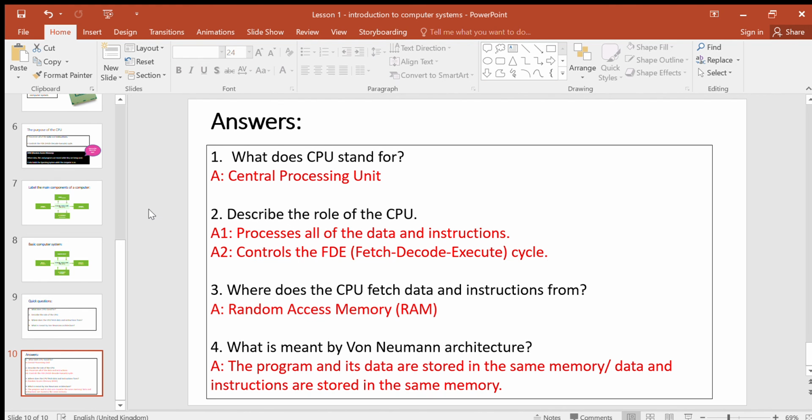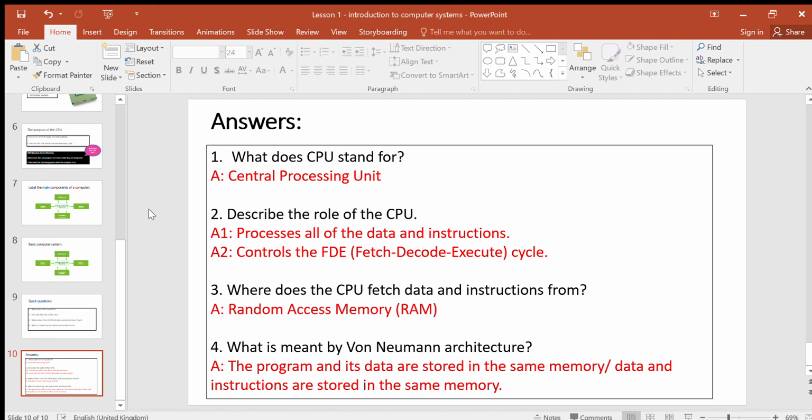And as we talked about at the start of the video, von Neumann architecture is where data and instructions are stored in the same memory location. Now, I've put 2 answers there with that slash in the middle because sometimes in different OCR books or in the exam mark schemes you might see it slightly differently worded. Either of those would get you the marks.